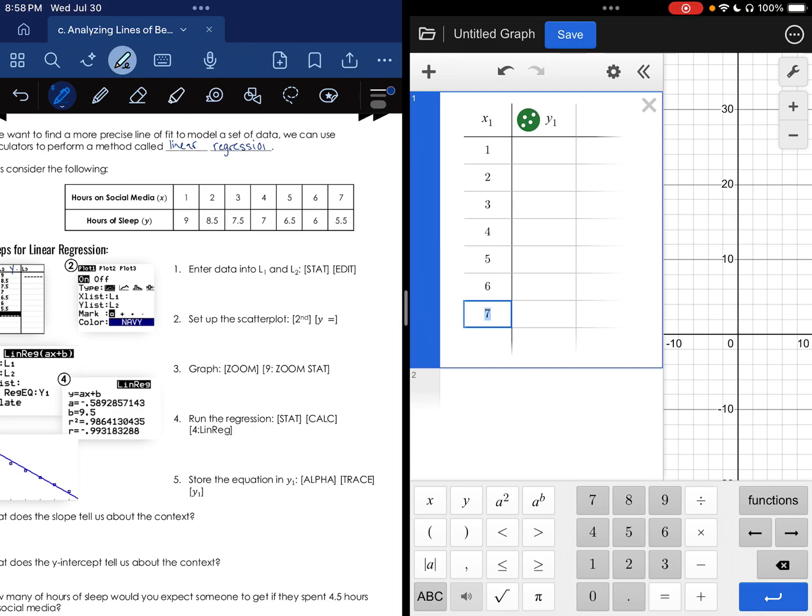And then I'll type in my Y values: 9, 8.5, 7.5, 6.5, 6, and 5.5. You can of course change the color. Anyway, there you go. That's my scatter plot.